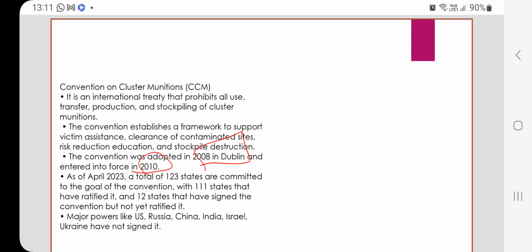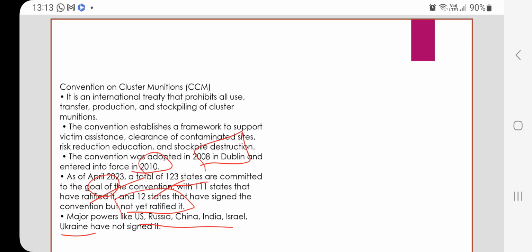As per the latest data, 123 states are committed to the goal of the convention, 111 states have ratified it, and 12 states have signed the convention but not yet ratified it. Though the convention has a lot of support, it's not universally adopted, meaning many countries like the US, Russia, Israel, Ukraine have not signed it.